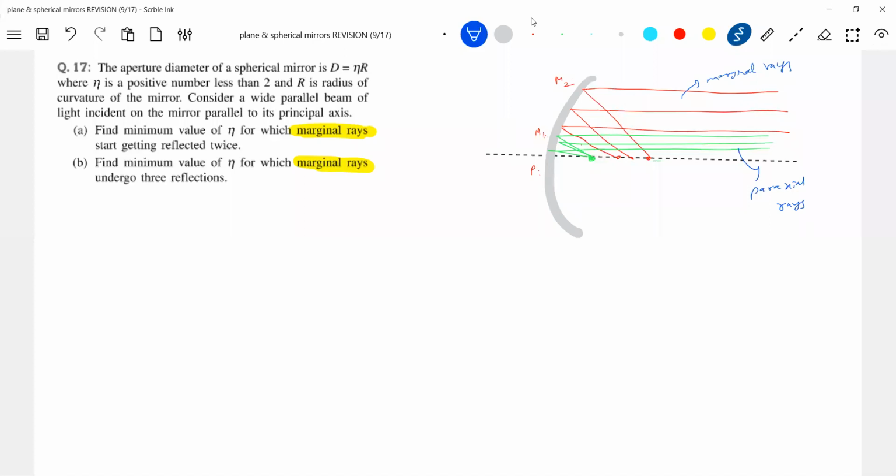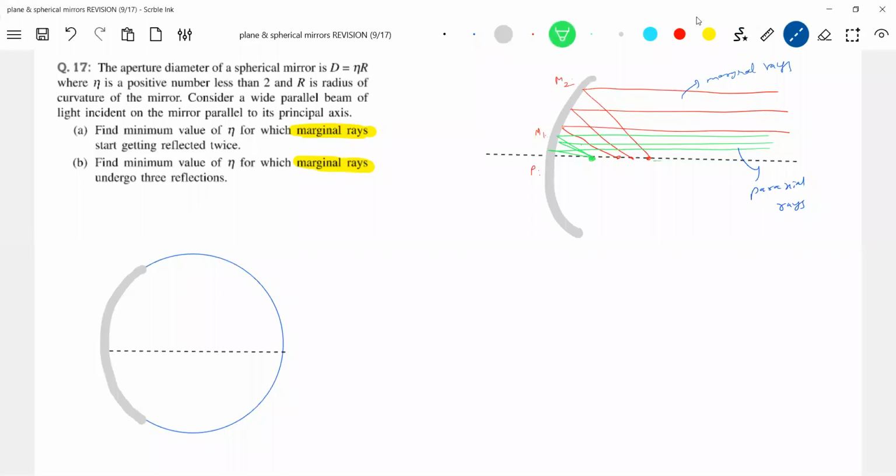Okay, let's get into the diagram. The aperture diameter of the spherical mirror is D. I think I'll show it by a sphere. What do you mean by aperture?